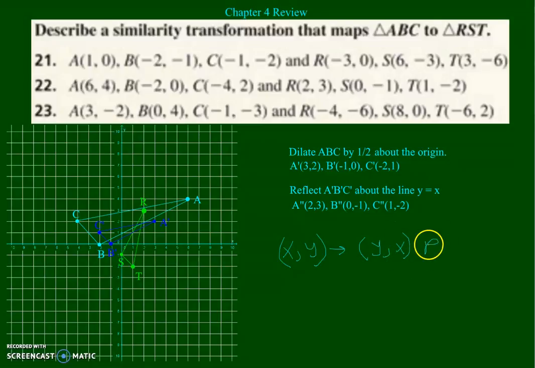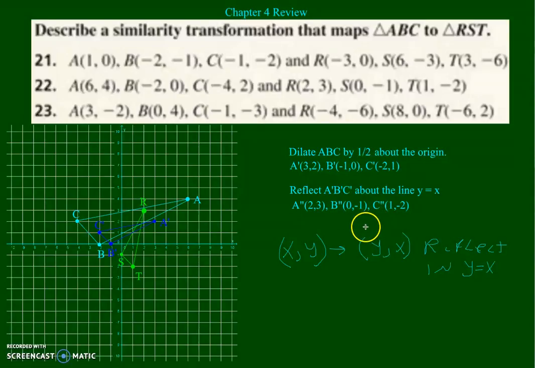This is a reflection in Y equals X. And so I applied that to this, and we got that.